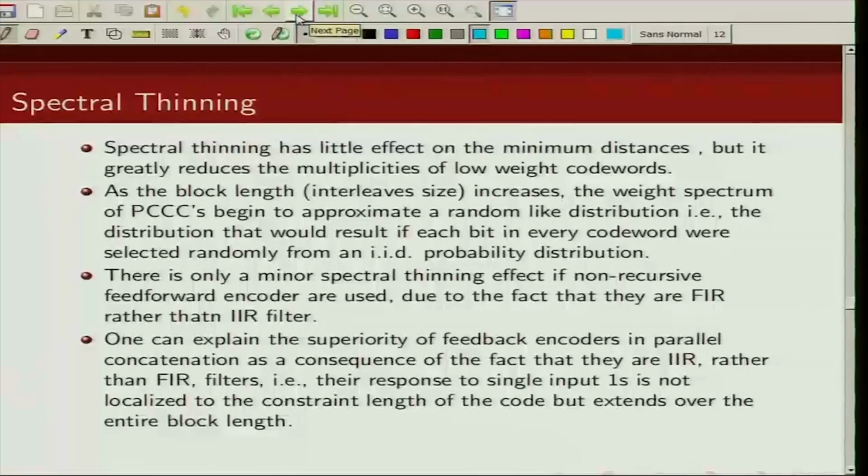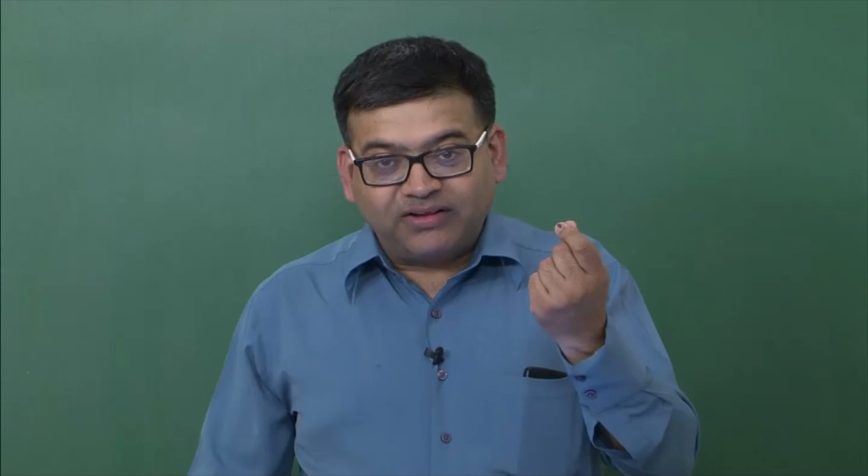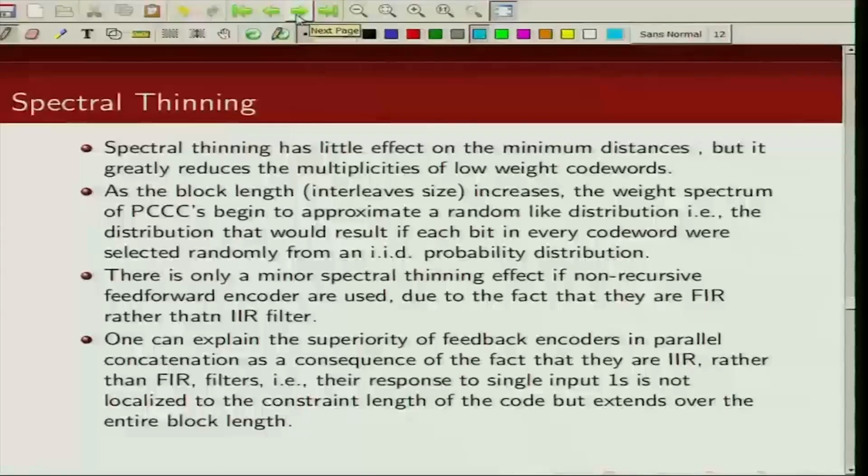Now, we can explain why feedback encoders are better. If you feed in a weight 1 sequence to this feedback encoder, it would not get terminated, so it will result in large weight output sequences, whereas if you feed a weight 1 sequence to a feed forward encoder, it can get terminated and we may get lower weight sequences.